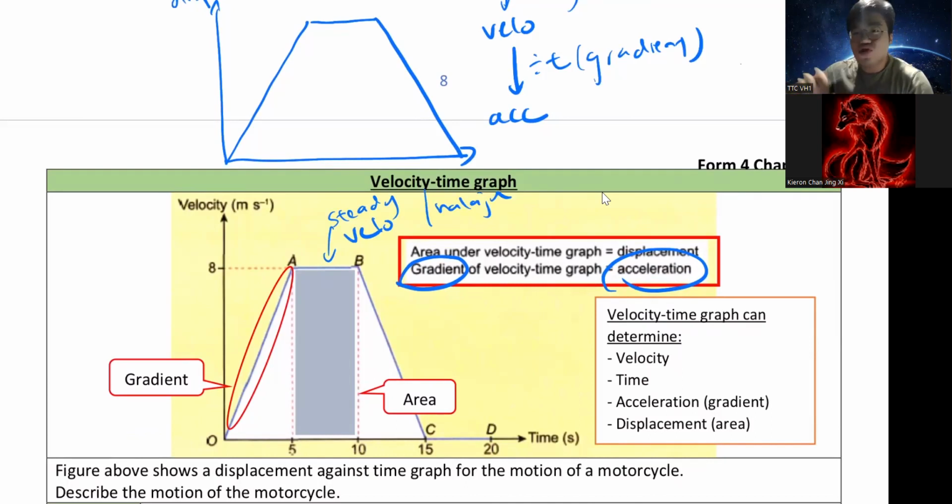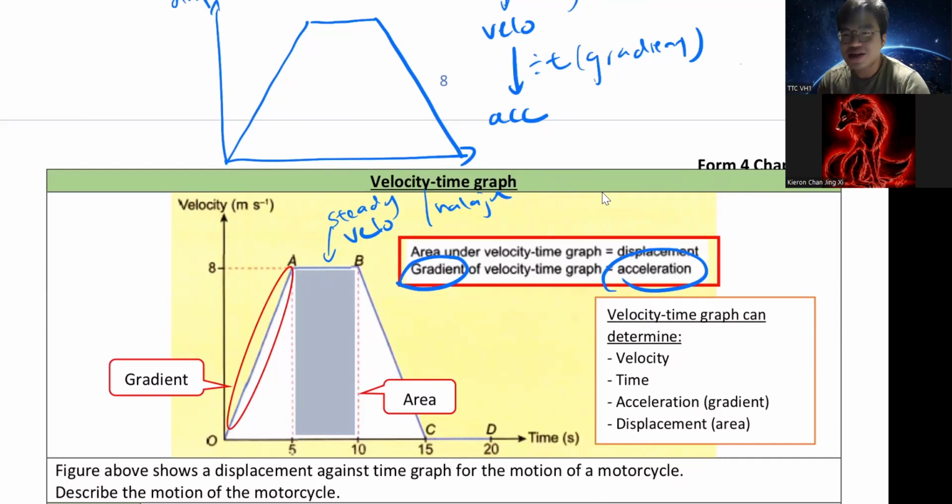If I drive here to Penang all the way at 80 kilometers per hour, am I moving? I'm moving, isn't it? But am I accelerating? Am I going faster? It's not possible to drive all the way at 80, but let's just say I do.